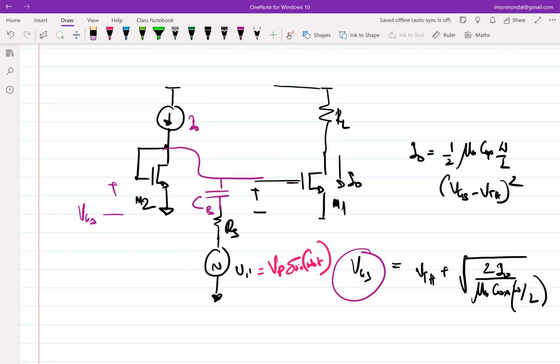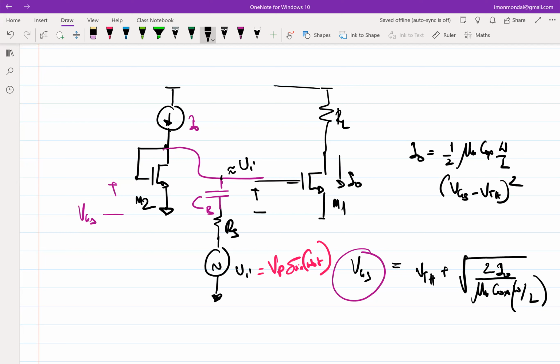So quiescent is fine, but what about AC? Ultimately, our goal is to ensure that this guy is almost equal to VI, right? That's what we did earlier also. So if I have to ensure this, what do I need to check? There will be an AC current back to the left, into M2.